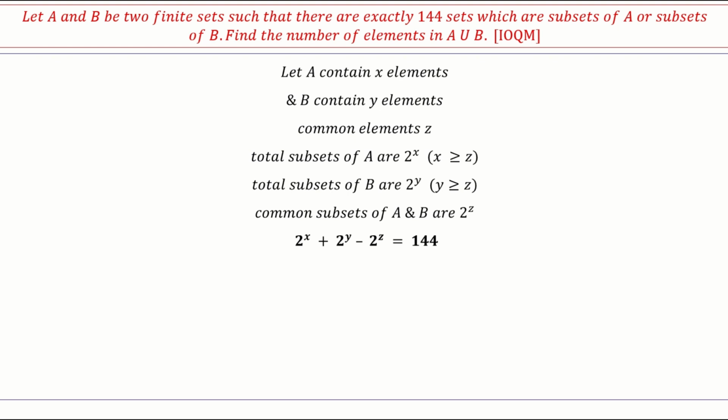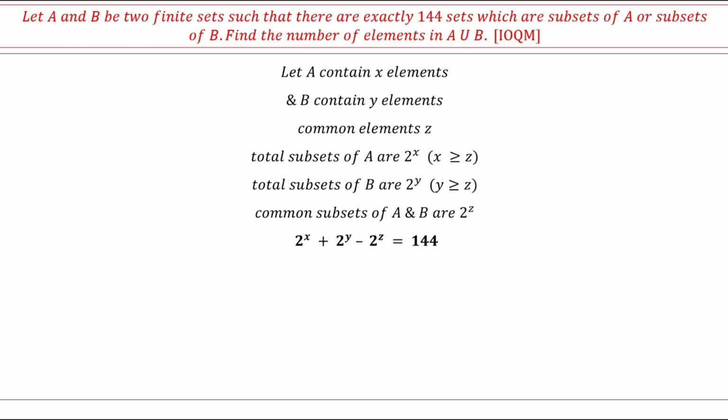For the union, the number of elements in A union B is the number of elements in A plus the number of elements in B minus the number of elements in A intersection B. Here we have the number of subsets of A, plus the number of subsets of B, minus the number of common subsets, which is equal to 144. This is the equation we should get. Now, how to solve this problem?